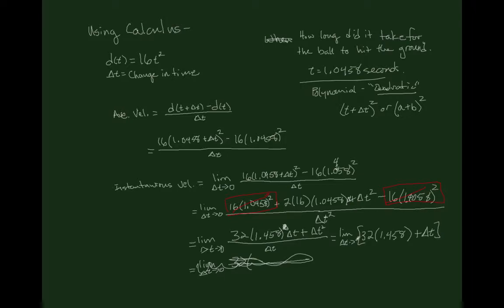And since delta t is going to 0, the limit is equal to 32 times 1. Oh man, I lost my 0 here too. 0 there, 0 there.